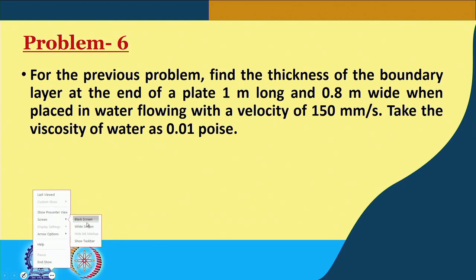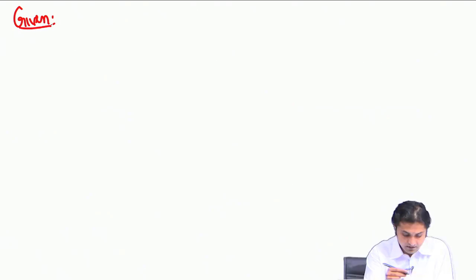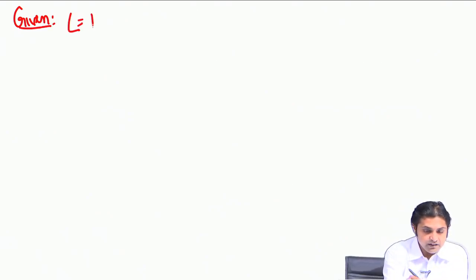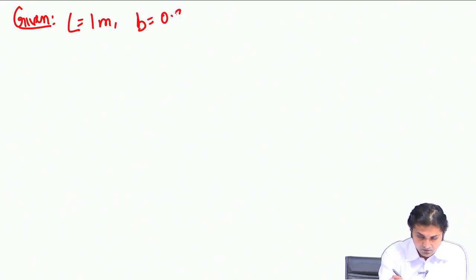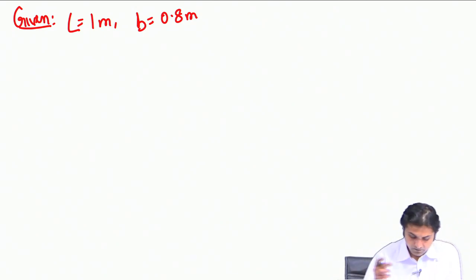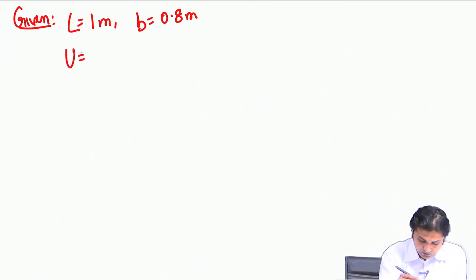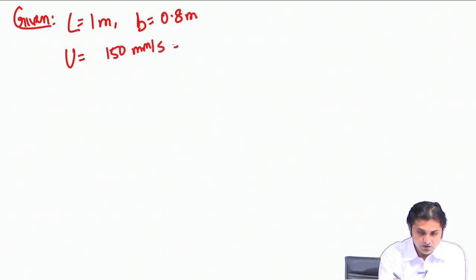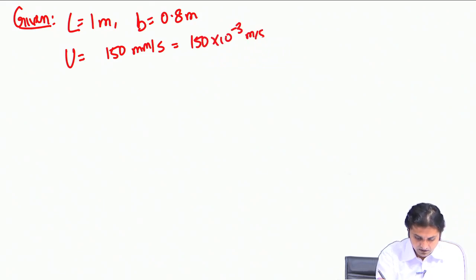So to solve this, we will go to the white screen again. As always, we will write given. So length is given as 1 meter, B is given as 0.8 meter, capital U is 150 millimeters per second, or we can write 150 into 10 to the power minus 3 meters per second.